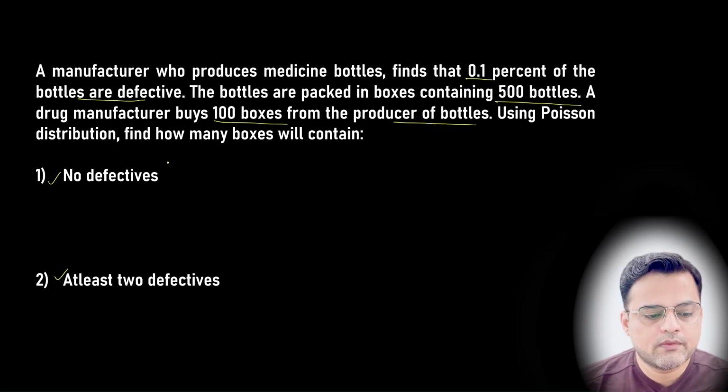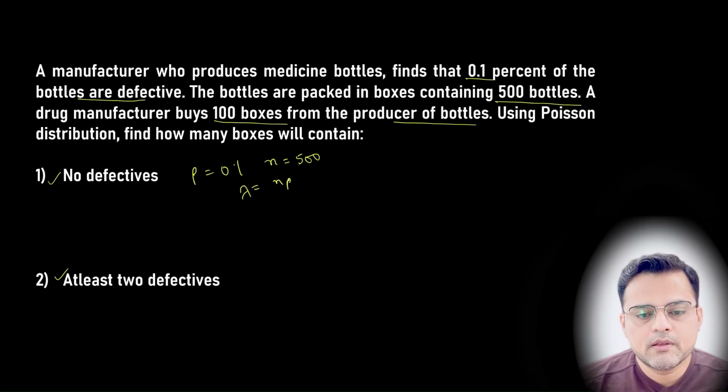So first, in case of no defective, my probability of success is 0.001 and my value of n is 500. So lambda equal to np is equal to 500 into 0.001, which will be equal to 0.5.